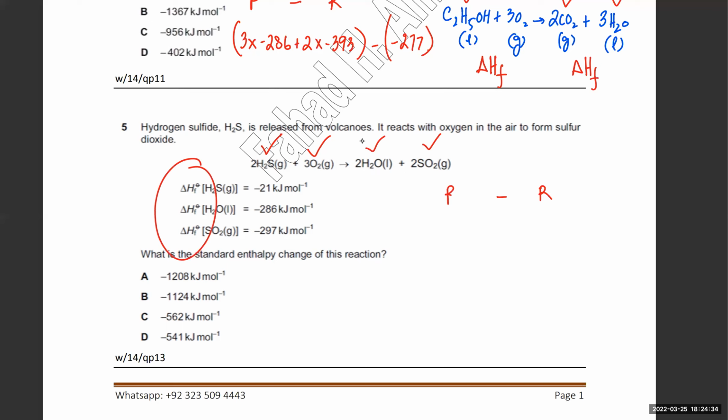What is H2O? That's minus 286 times 2. And SO2, that's minus 297 times 2. And minus the reactant, which is H2S, that's minus 21 times 2. O2 is 0.